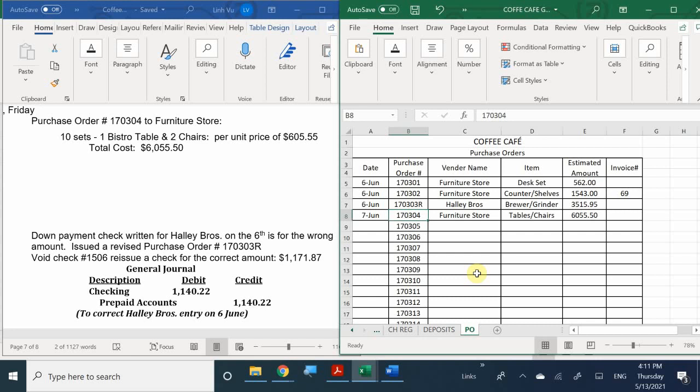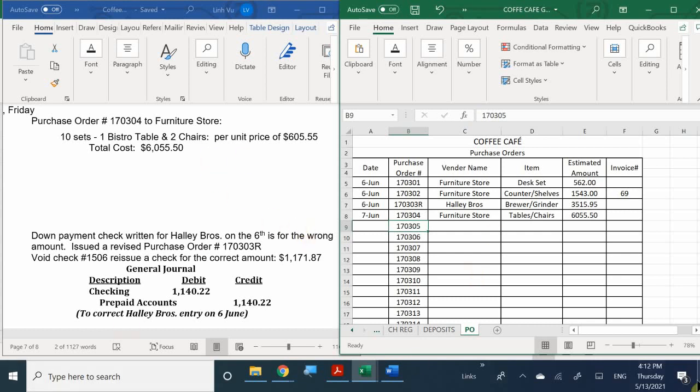We're going to save it till later, because someone else calculated it wrong, and this is us fixing it. So right here, we need to revise the purchase order to let Haley Bros know that I'm sending a brand new check for the correct amount. So I'm revising this purchase order. That's all you need to do. Just throw in an R to say it's been revised.